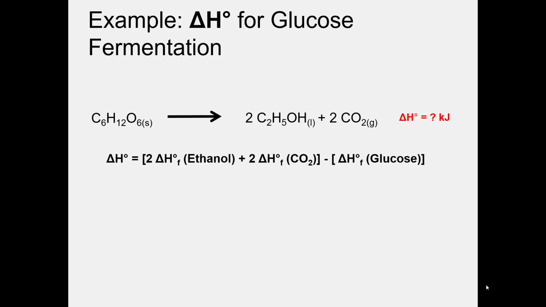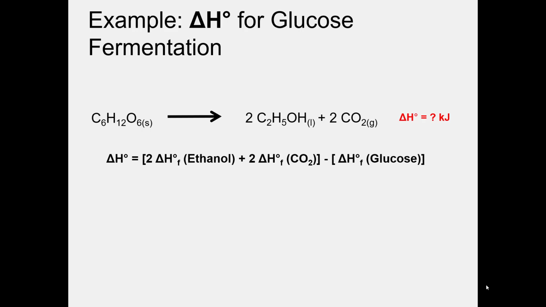So the signal for the correct approach is if you're just given a balanced chemical equation and you're asked what the enthalpy of reaction is, the most direct route is always going to be to use enthalpies of formation to determine the overall enthalpy change. On quizzes or exams, I would probably just give you the enthalpies of formation up front for you to calculate the enthalpy change.